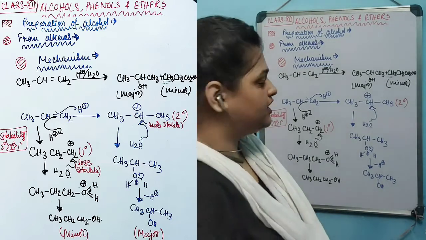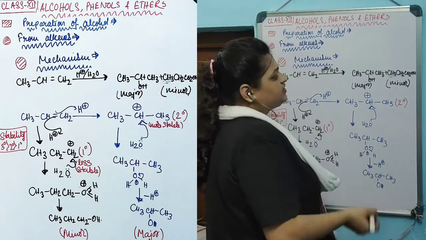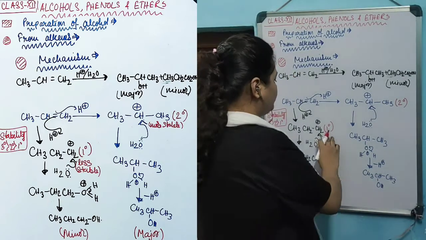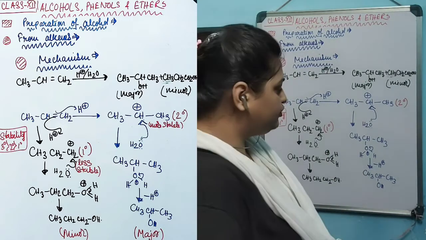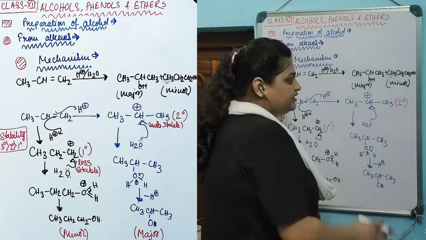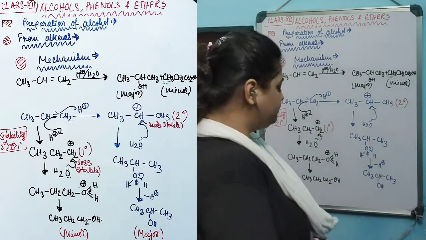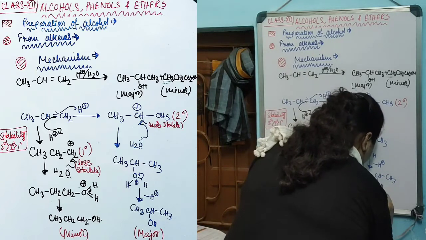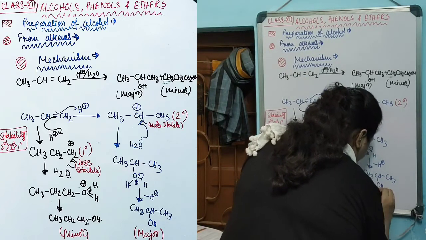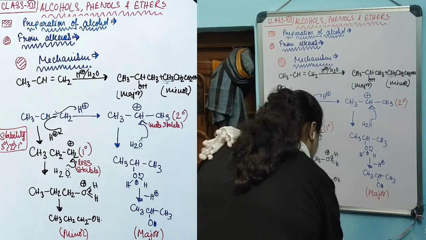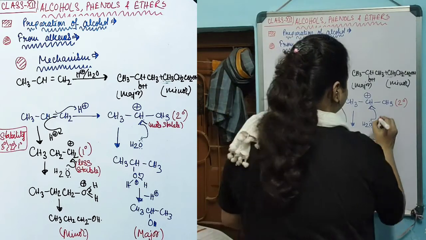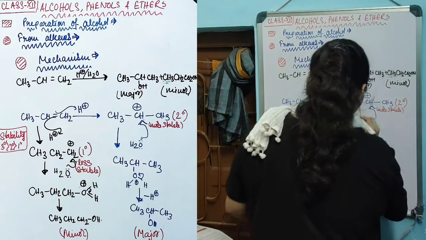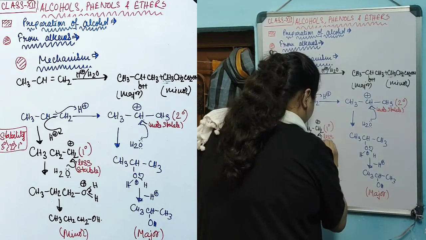So, in the reaction medium, preferentially in the first step, this 2 degree carbocation will be formed much more compared to this 1 degree carbocation. As a result, the product formed from this 2 degree carbocation will be much more compared to the product from this 1 degree carbocation. That's why this is the major product and this is the minor product, as this one is a more stable carbocation and this one is a less stable carbocation.